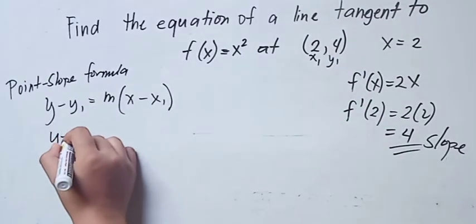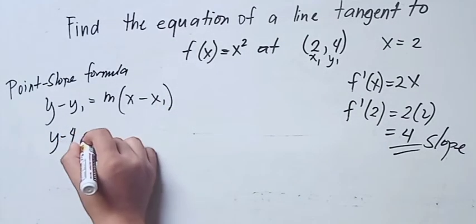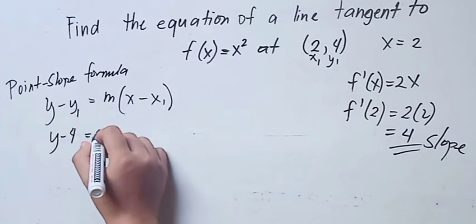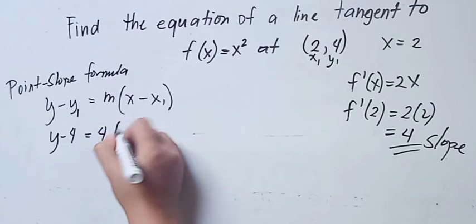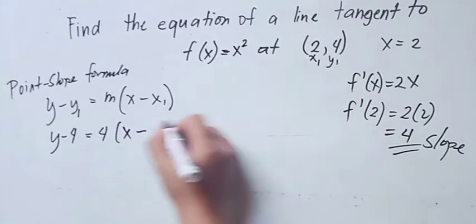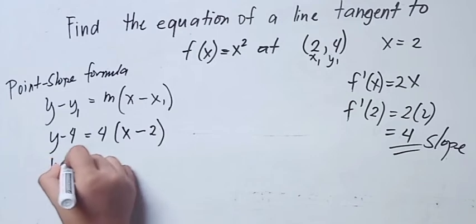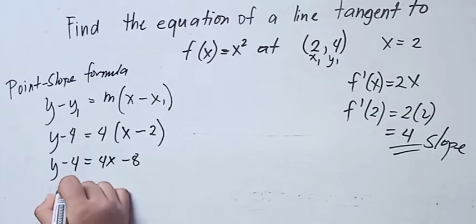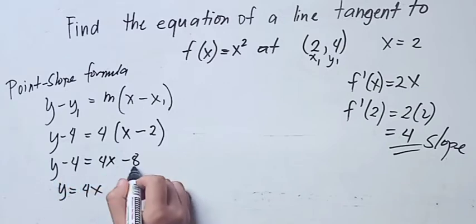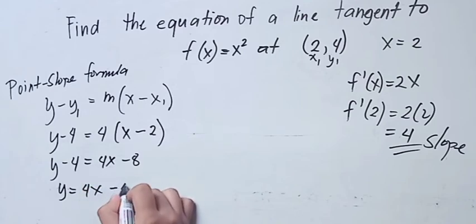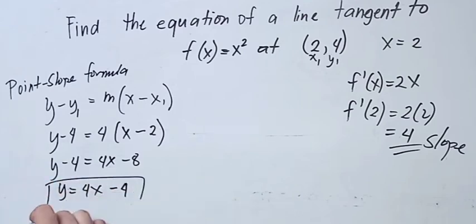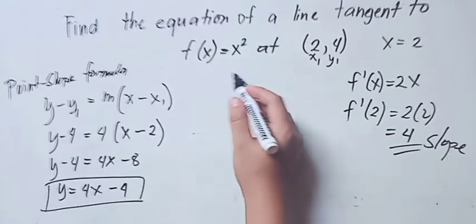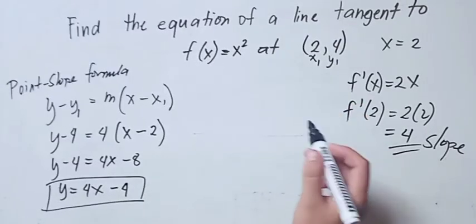So y minus our y sub 1, that's 4, is equal to our slope, so that is 4 times x minus our x sub 1, that is 2. So y minus 4 is equal to 4x minus 8. So y is equal to 4x minus 8 plus 4, so that is negative 4. So this is now the equation of the line tangent to f of x equals x squared at the coordinates 2 and 4.